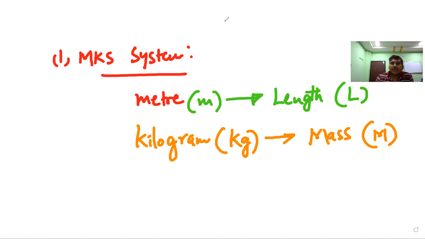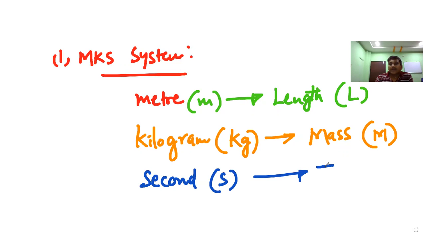The third one is second. S stands for the second. So this is the time, expressed for the fundamental quantity T. So all the fundamental quantities M, L, T, mass, length, and time are expressed.